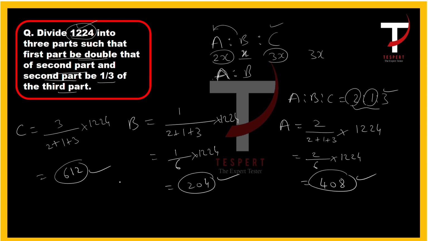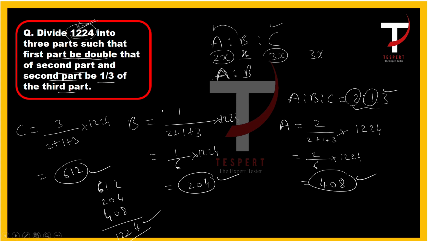So let's add and see whether we are getting the same value or not. 408, right? So this is 4 and this one is 2, 10, 11 and 12. See, both are equal.